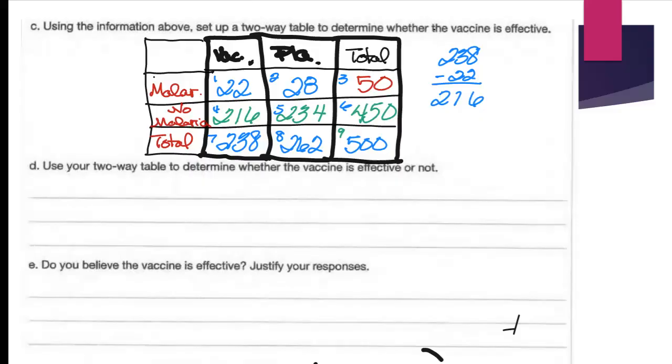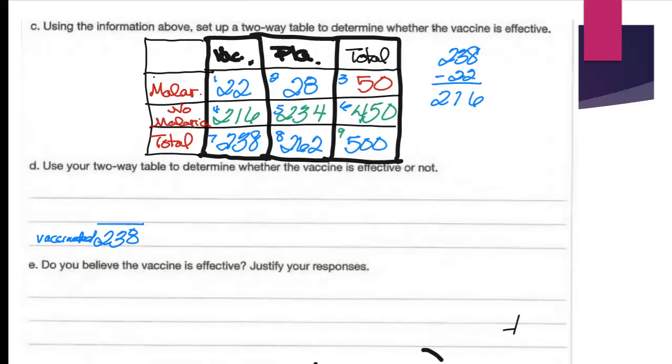Okay? So, what kind of number should we look at? What about all those that are vaccinated? What would be in my denominator for all those that were vaccinated? What's my total for all those that were vaccinated? 238. So this is all of those that were vaccinated.